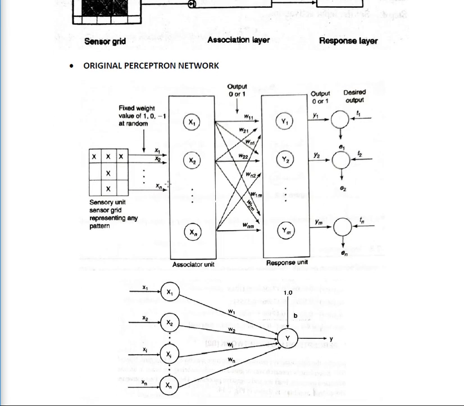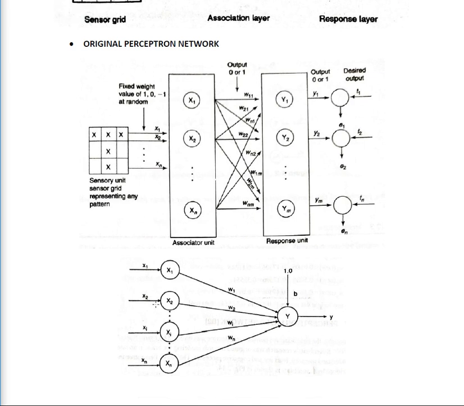Based on this study, we will see the mathematical functions, and what the mathematical functions signify with respect to this. Here it shows the input, shown as x1 to xn, and w1, w2 up to wn, and a separate bias is shown, and the final output.